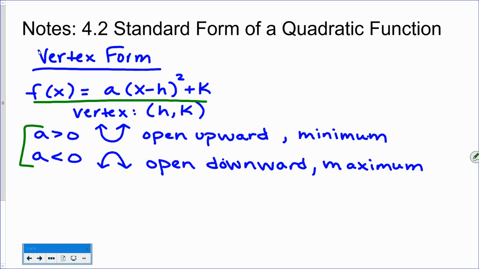Today we're going to talk more about a y-intercept, so I want to throw that in here. So remember, that is the point where you cross the y-axis.